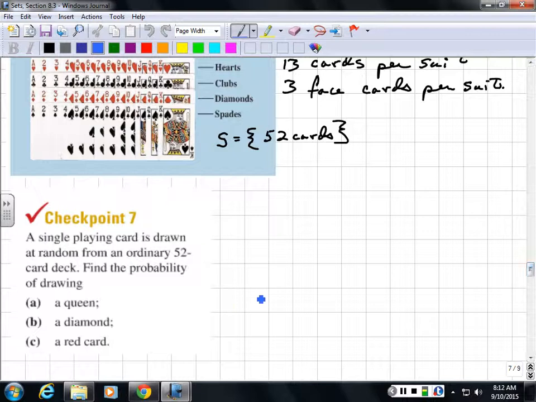For this one, for part A, the event is going to be equal to the 4 queens that are in the deck. Okay? We can have a queen of hearts. We can have a queen of diamonds. We can have a queen of spades.